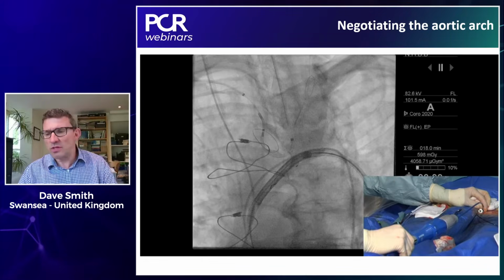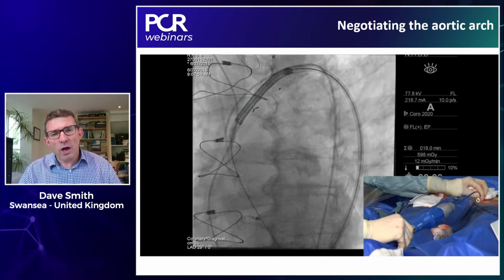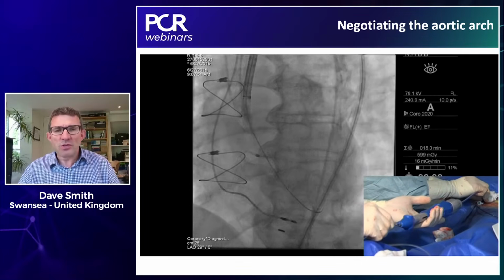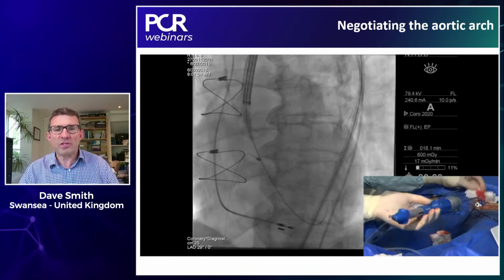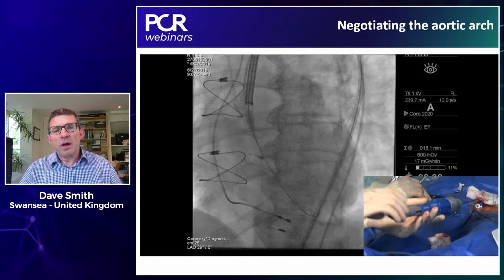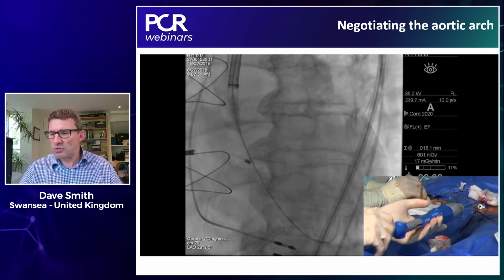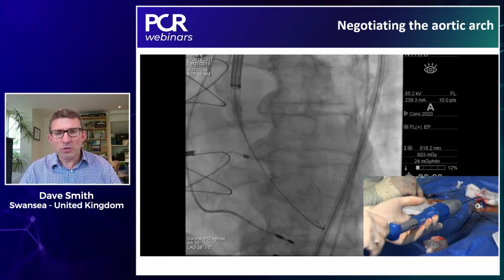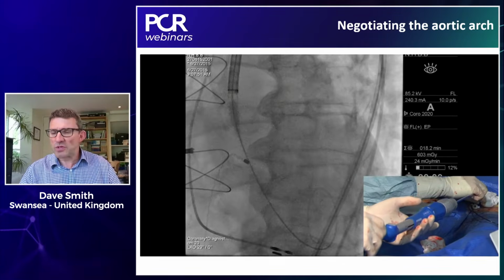And you can see that this system, because of the arch tortuosity, is requiring a fair bit of push from the operators to deliver. So it's not all about vessel delivery system diameter. It's also to do with the flexibility of both the capsule and the valve delivery system itself.